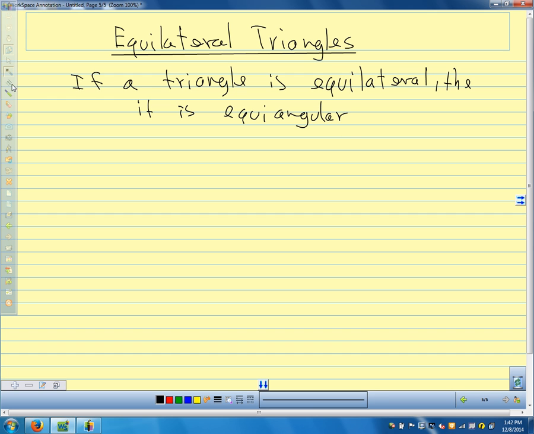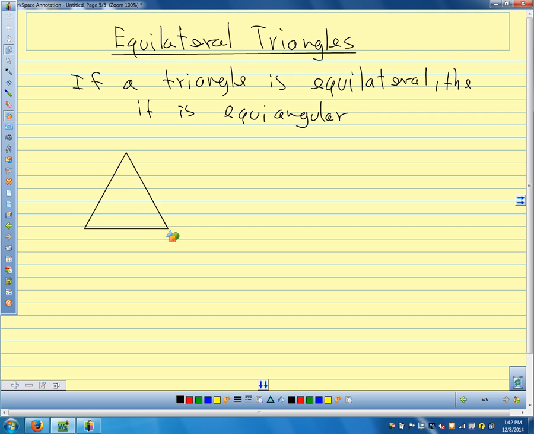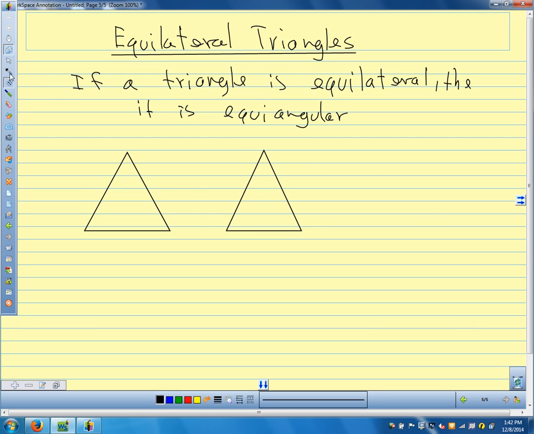So what would equiangular mean? All the angles are the same. So if we drew it in symbols, I know these might not look exactly the same, I'm trying to get them as close as possible. If all those sides are the same, that means all the angles have to be the same. And this comes from it being an isosceles triangle. These two sides are the same, so those two angles have to be the same.